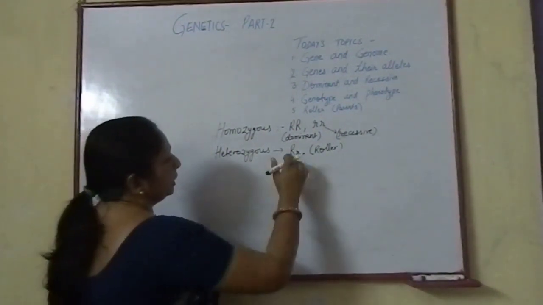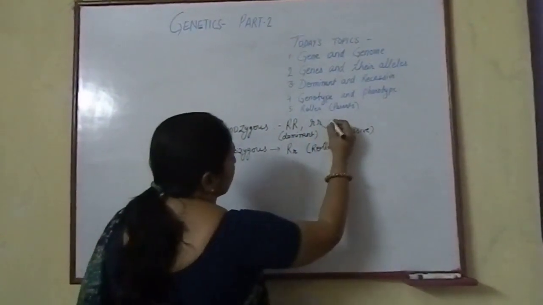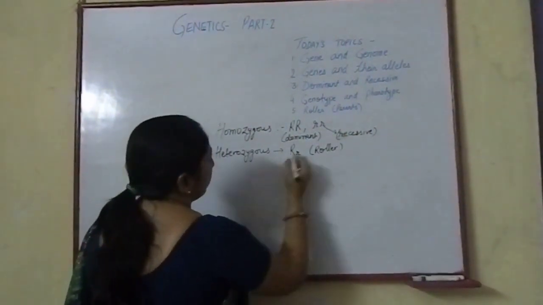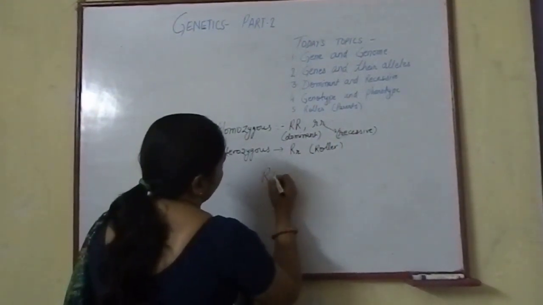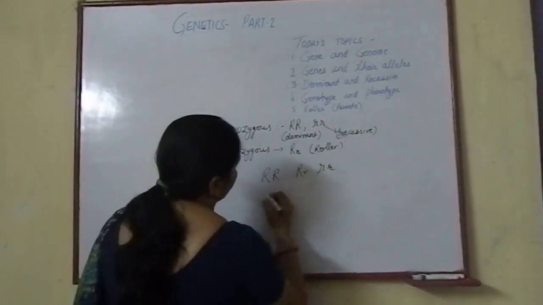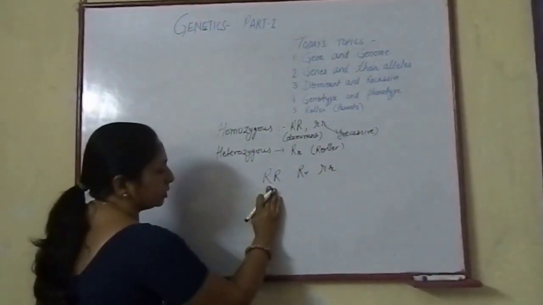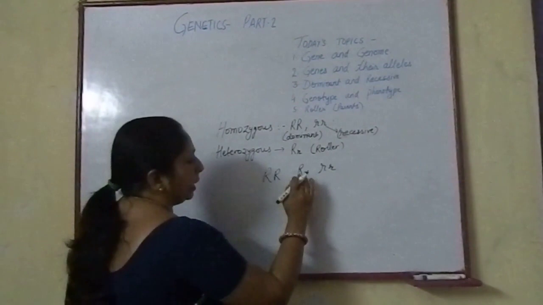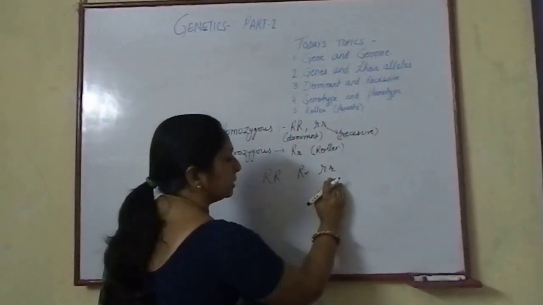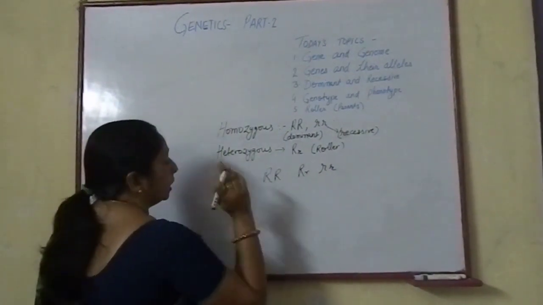These are the roller and non-roller conditions. This is the homozygous dominant, roller, heterozygous dominant, roller, and homozygous recessive, non-roller.